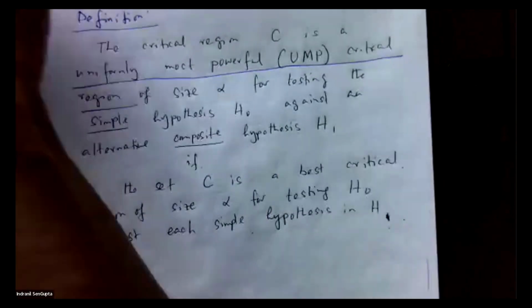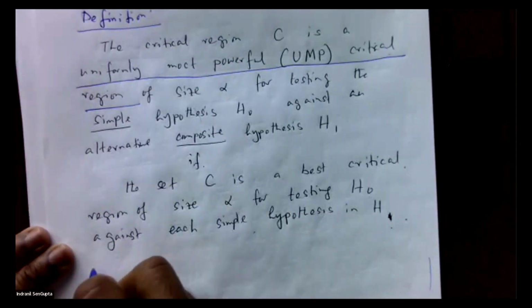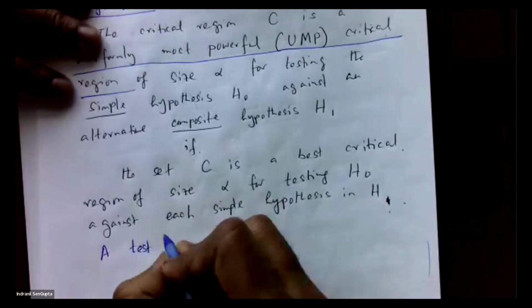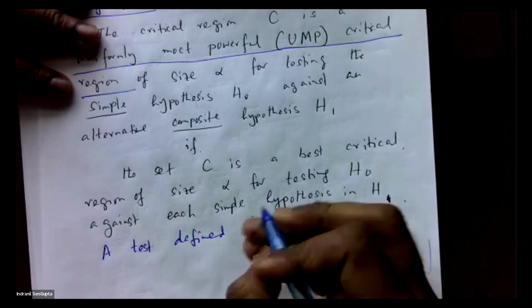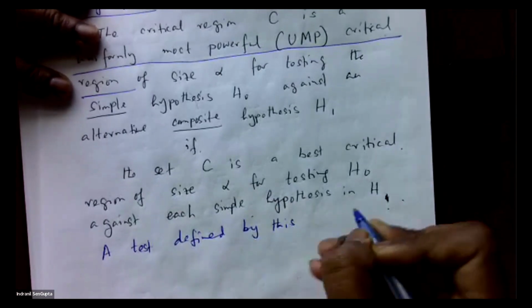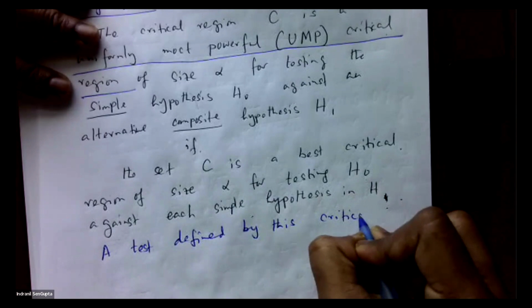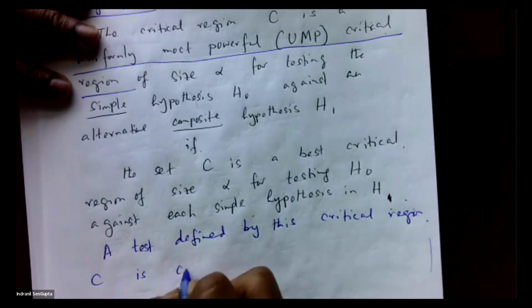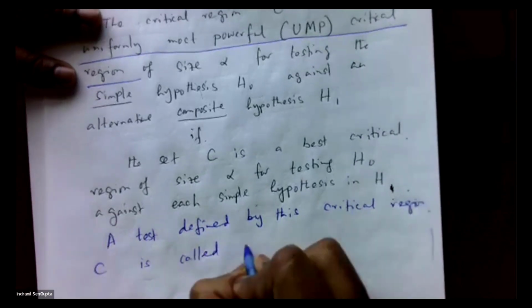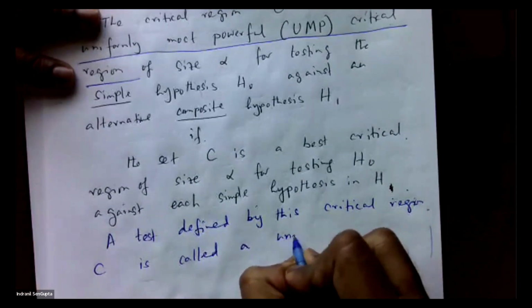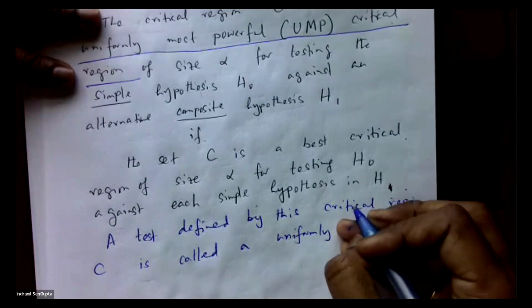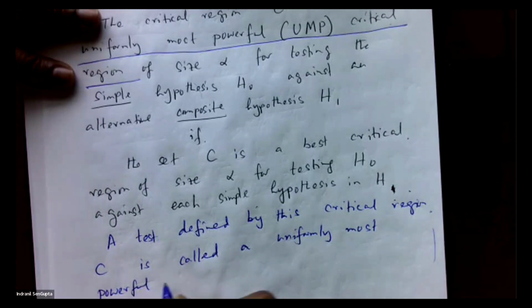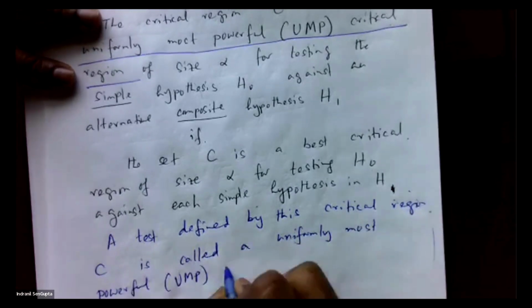Also, a test defined by this critical region C is called a uniformly most powerful test, UMP test.